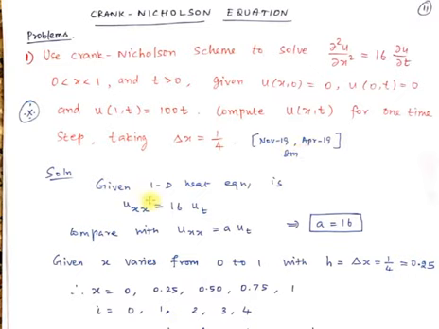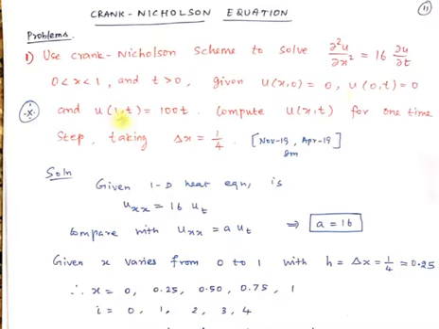The given one-dimensional heat equation is Uxx equal to 16 Ut. Comparing with Uxx equal to aUt, a equal to 16. Here x varies from 0 to 1, since 0 to 1 are in the boundary conditions u(0, t), u(1, t).